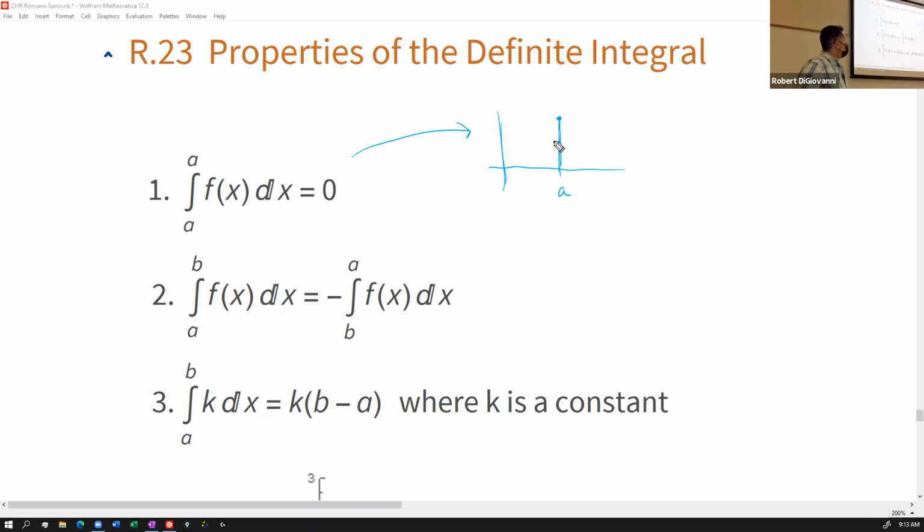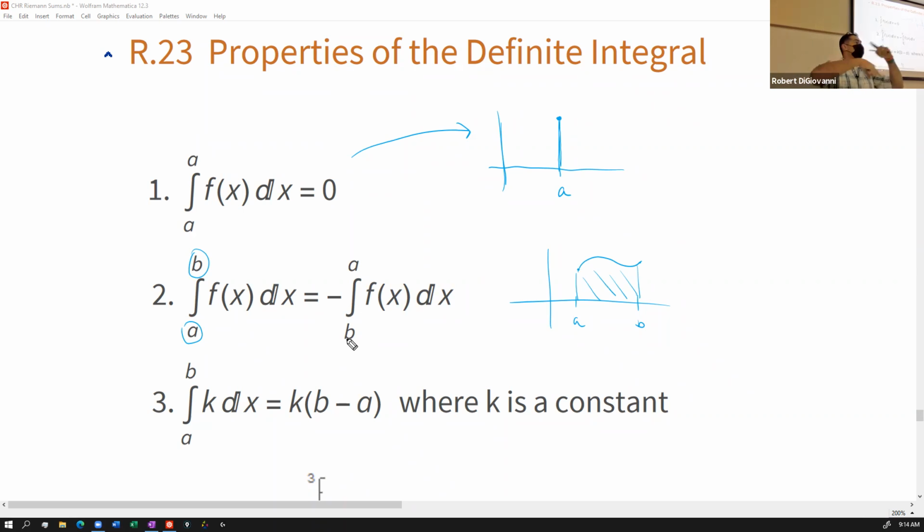The second property says that if you do the integral going from a to b of some function, whatever this area is, it's equal to the negative of the area under the same function going from b to a.